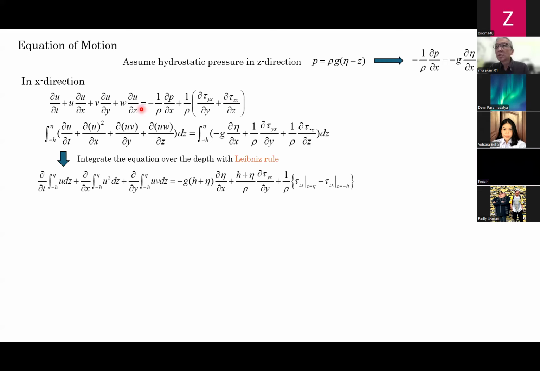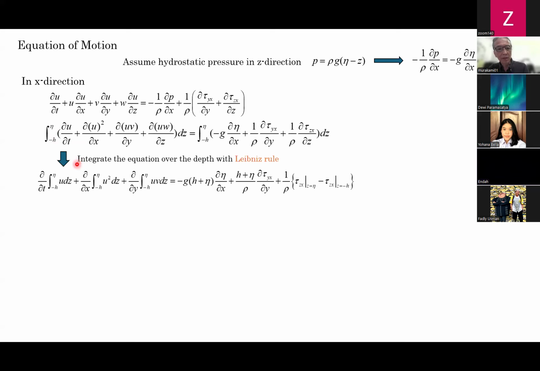In this equation, we integrate the equation of motion from the sea bottom to the water surface, and we also use the Leibniz rule.